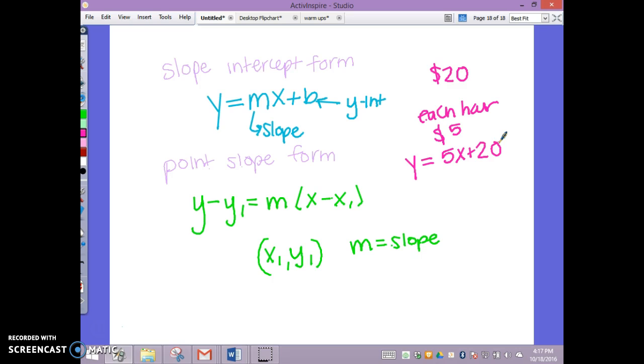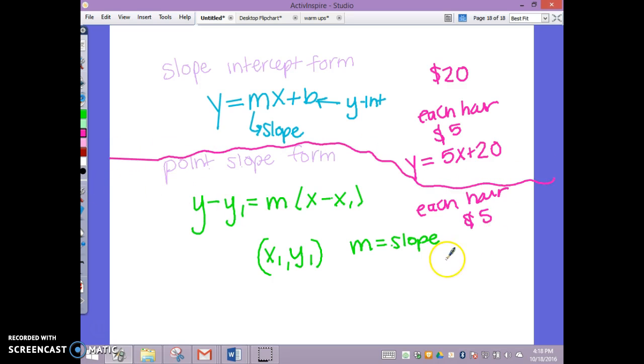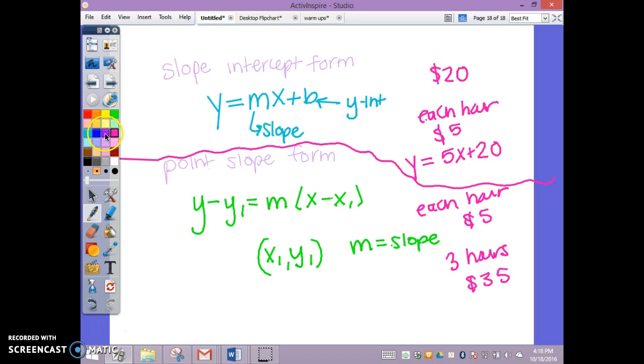So I'll give you another scenario. Each hour, you make $5. However, after 3 hours, you have $35 in your wallet. Different information.